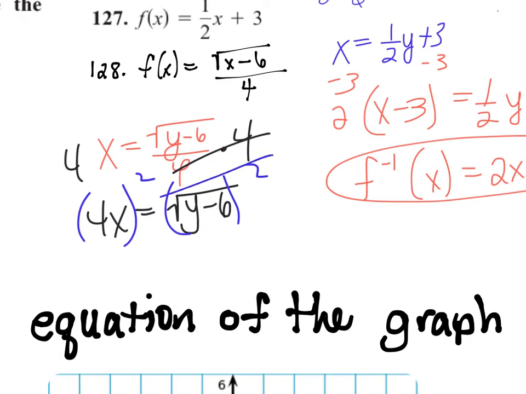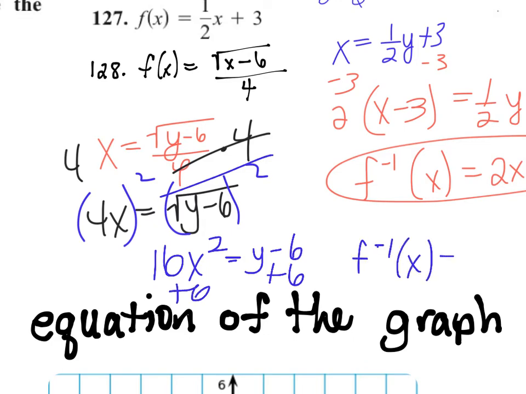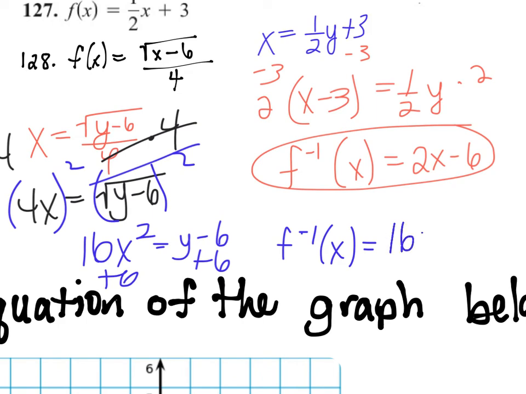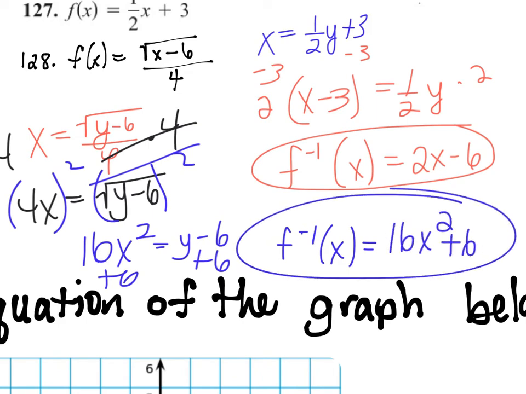The root goes away. And then add the 6. What does that become? Is it 4x squared? 16. Good. 16x squared equals y minus 6. Now what? Add the 6. So f negative 1 of x is 16x squared plus 6. All of your algebra rules apply, so just make sure you guys are on top of that.